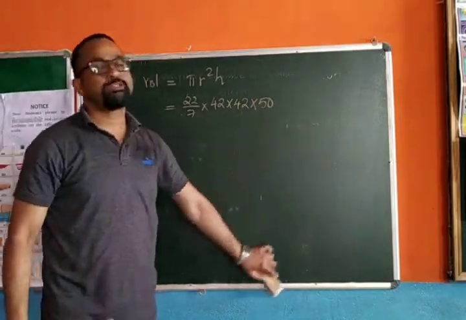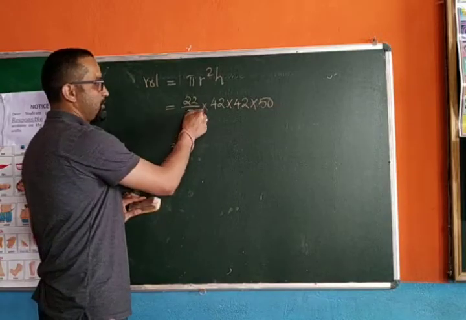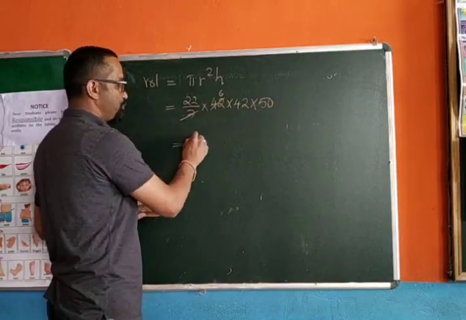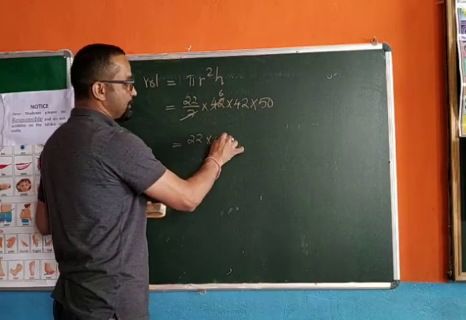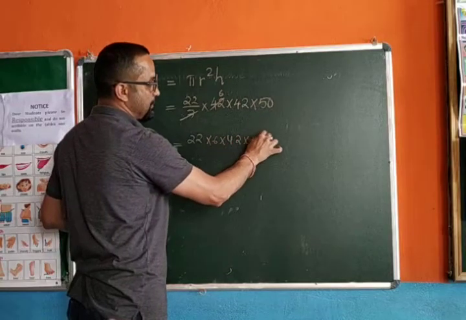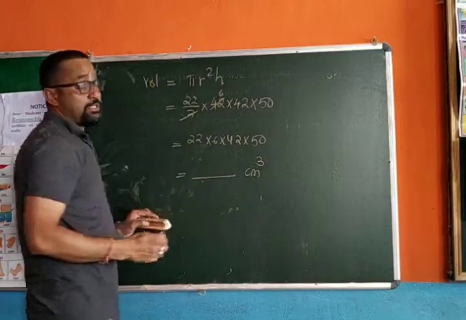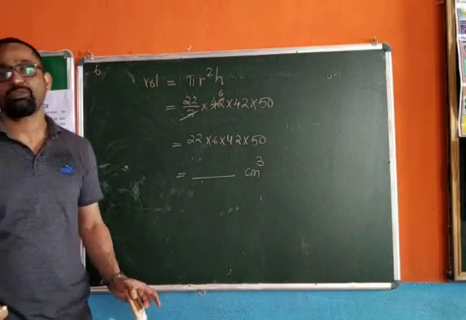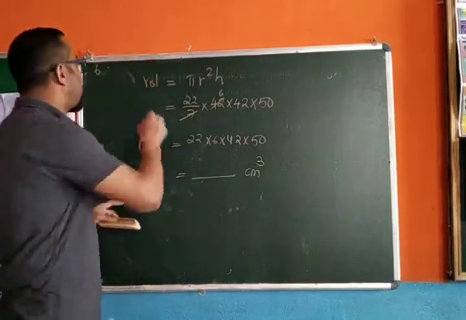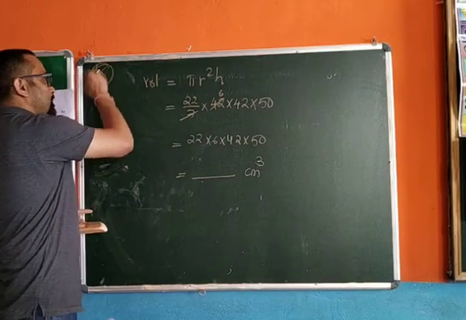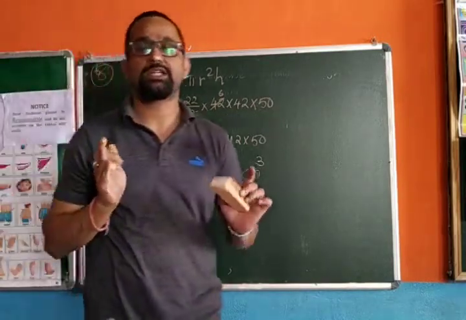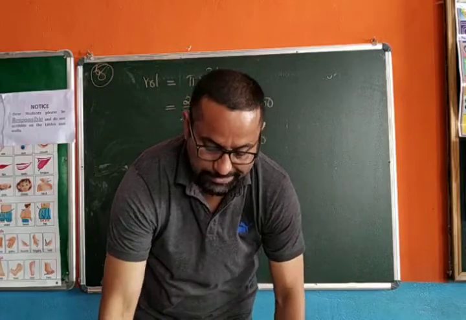So you need to simplify this. 7 6 times 42, 22 into 6 into 42 into 50. Do the multiplication, you get the volume in centimeter cube. So similarly, you try question number 8 from the exercise which had come in ICSE 2018.